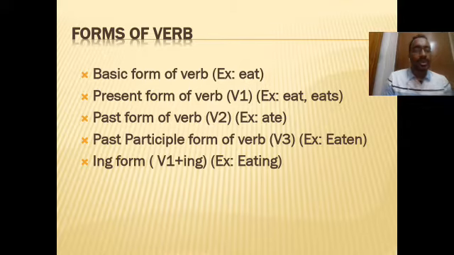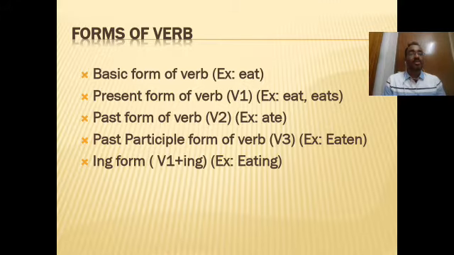And you have a good idea about the present form of verb, past form of verb, past participle form of verb. The present form of the verb eat is eat or eats, and we refer to it as verb 1. The past form of verb, we usually consider as verb 2, and the past participle form as verb 3.